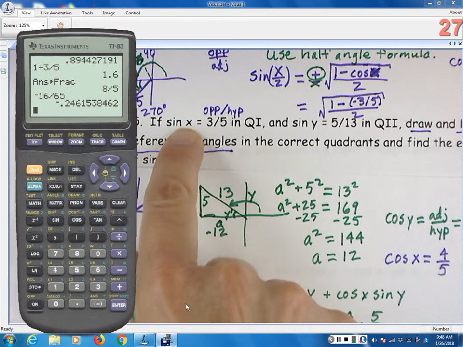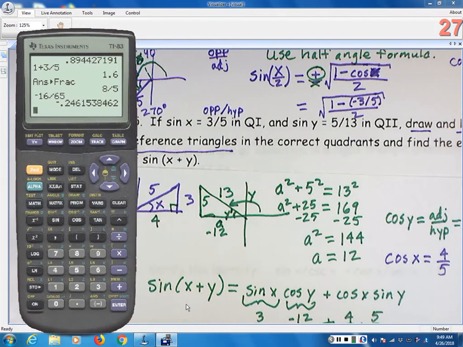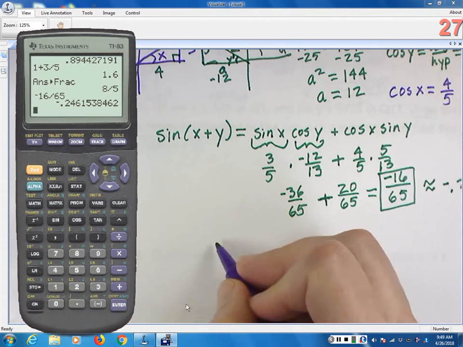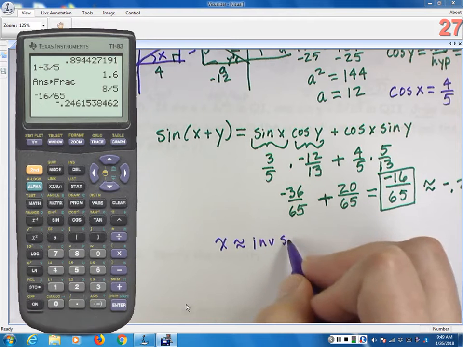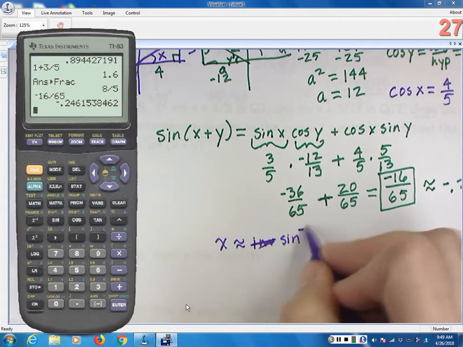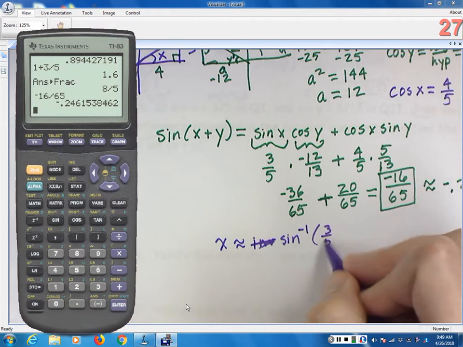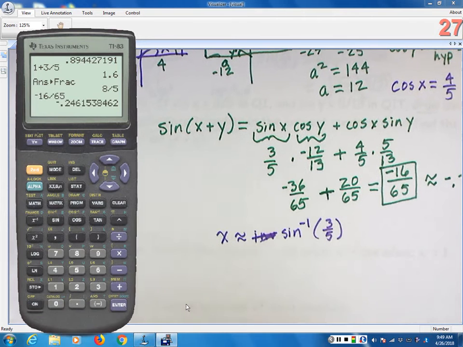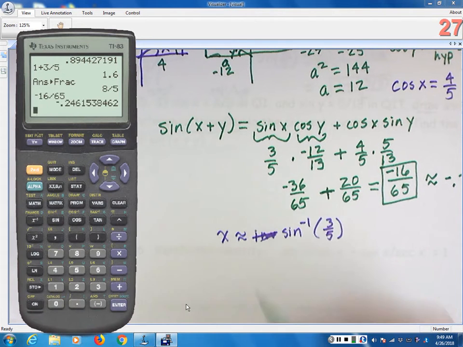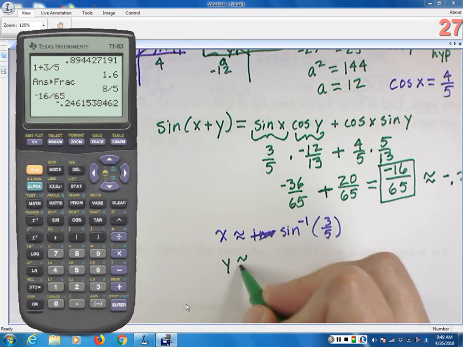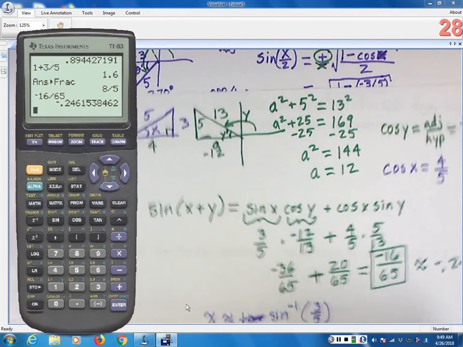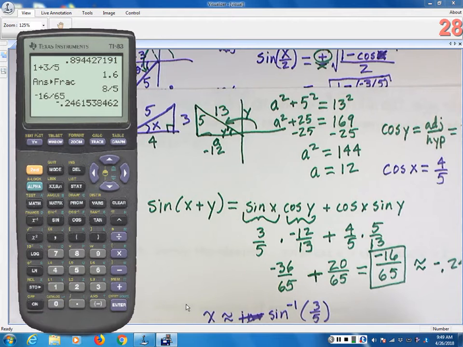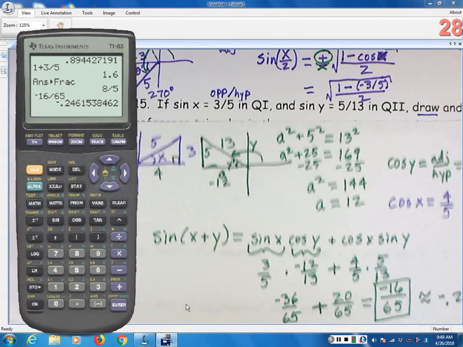take the inverse sine of 3/5. So I'll write this down. X is approximately inverse sine of 3/5. And y is approximately inverse cosine of, inverse sine, we'll just use what they gave us, of 5/13.